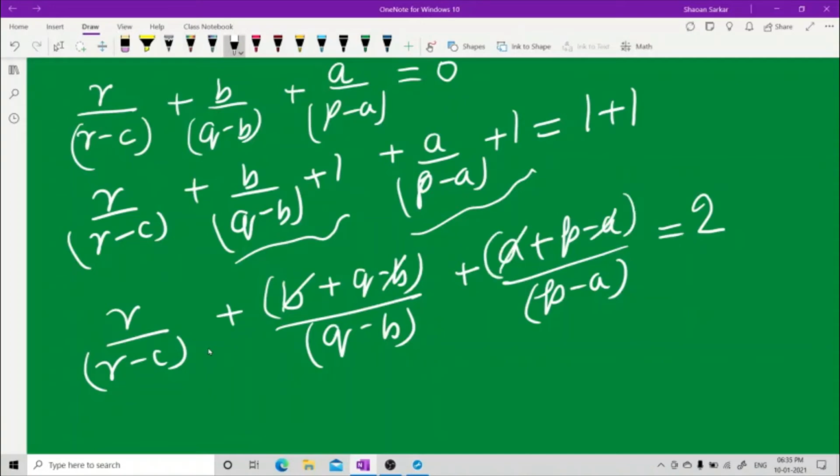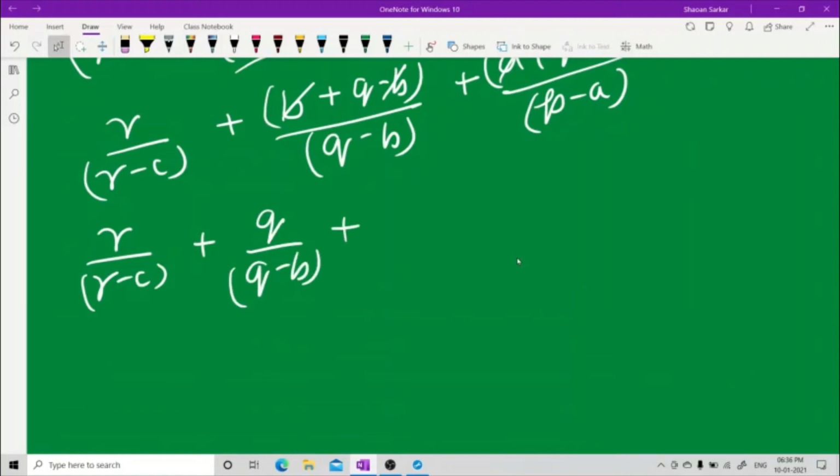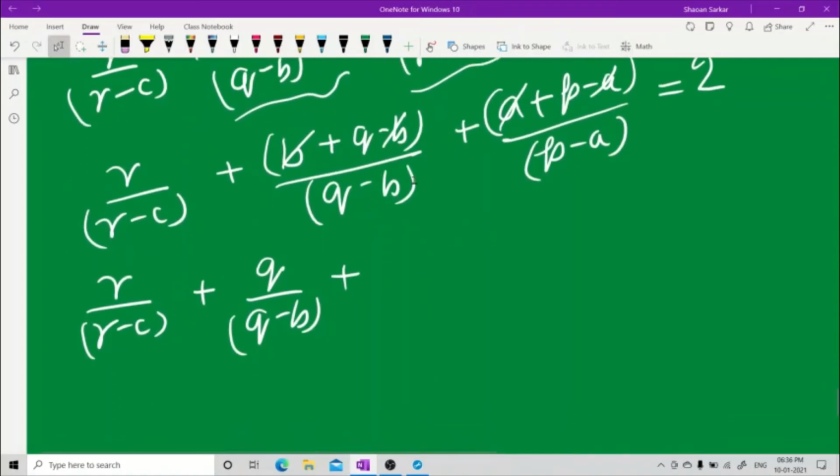So what I am left with is the solution: R upon R minus C plus Q upon Q minus B plus P upon P minus A is equal to 2. I hope you have understood this problem.